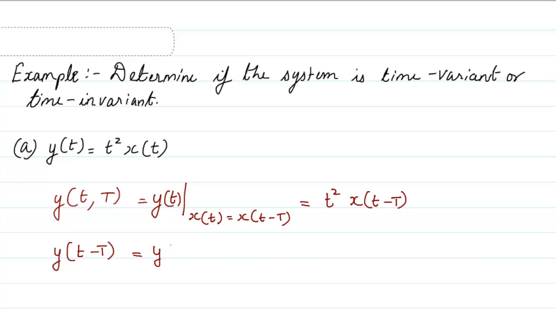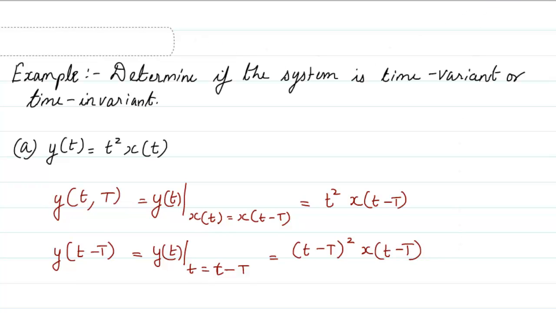It is the output y of t when t is replaced with small t minus capital T, which is small t minus capital T square x of t minus capital T.